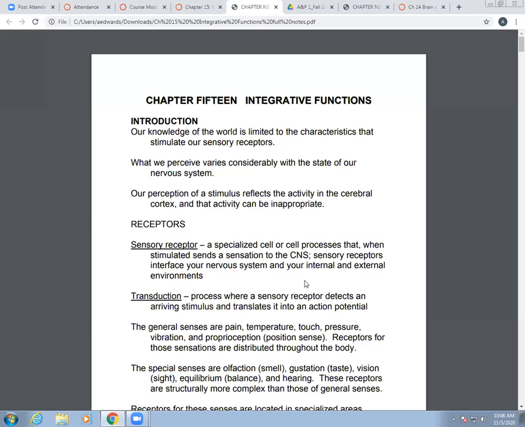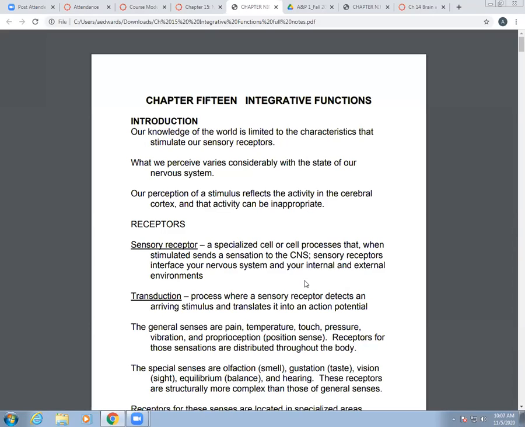All right, so we're going to begin chapter 15, looking at integrative functions. So our sensory receptors help us understand the world around us, right? And what we're actually able to perceive is going to vary as the state of our nervous system changes.